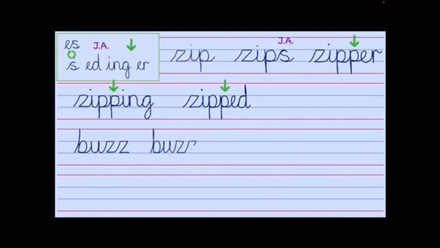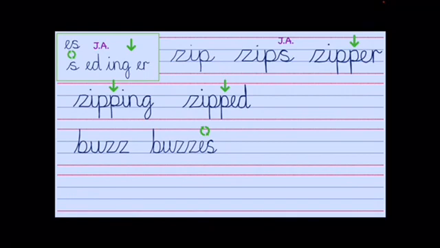Will it be suffix S or will it be ES? Well done. We used a different suffix because of the Z hissing sound.